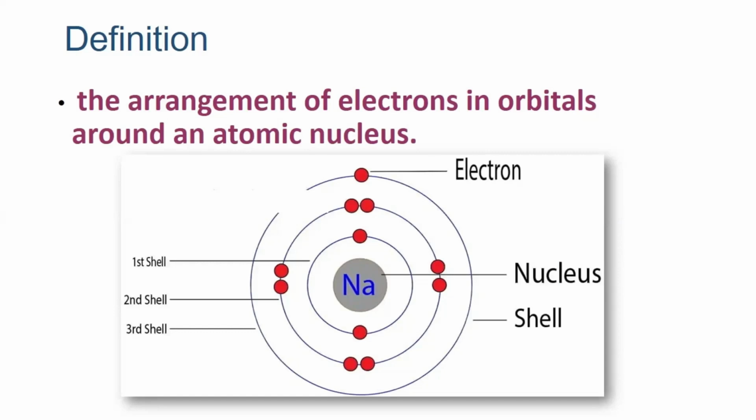In sodium atom, it is having three electron shells. The first shell has 2 electrons, the second shell has 8 electrons, and finally the third shell has 1 electron, and these 11 electrons are filled.